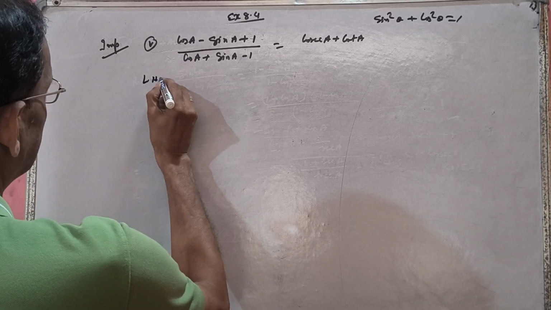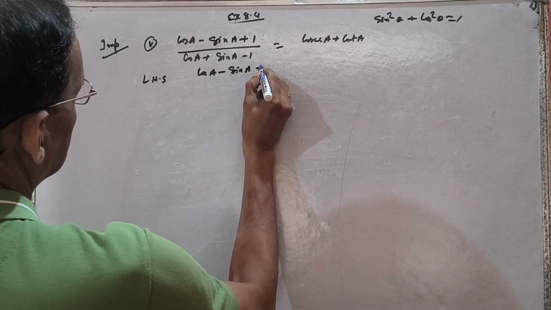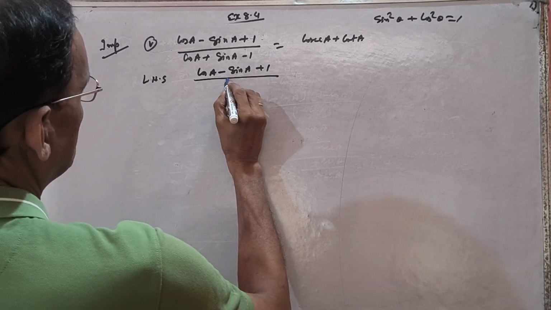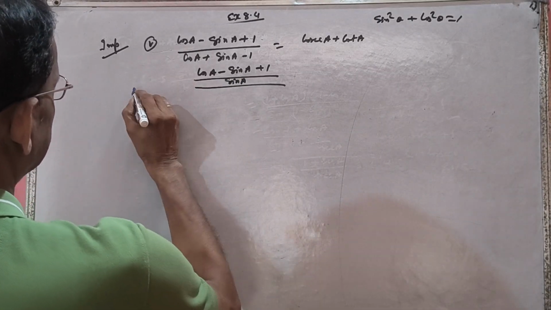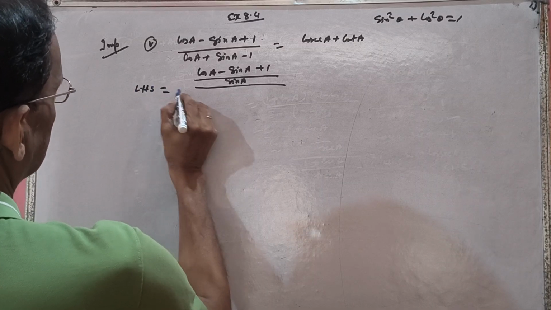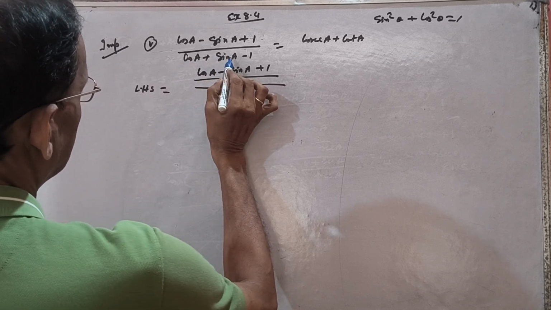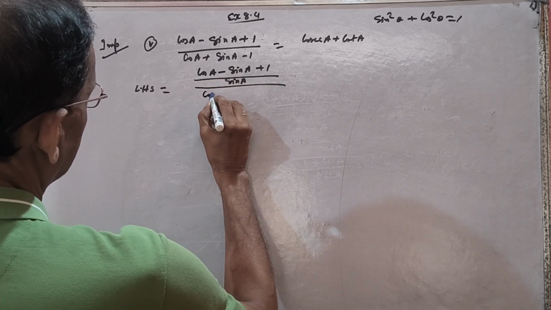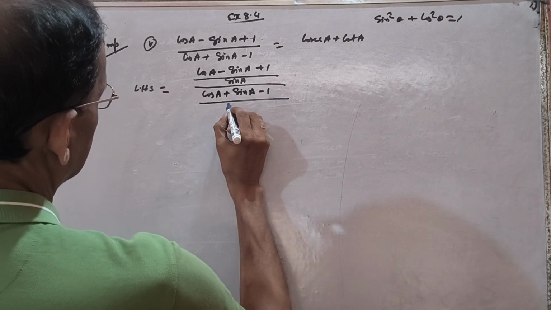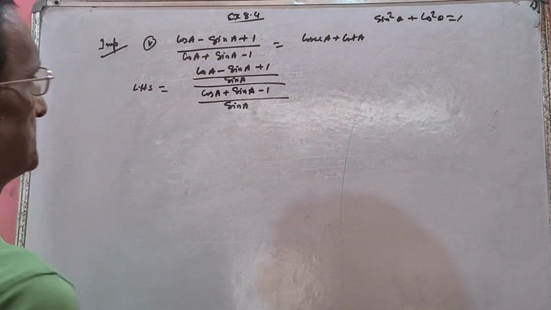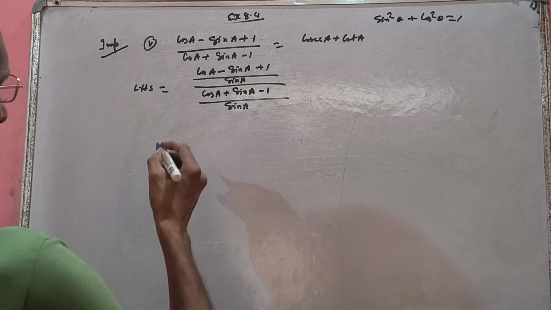So take the left hand side: cos A minus sin A plus 1, divided by sin A. LHS equals that, and since we divided the numerator by sin A, we need to divide the denominator also by sin A. So cos A plus sin A minus 1 by sin A. We have divided both the numerator and denominator by sin A.